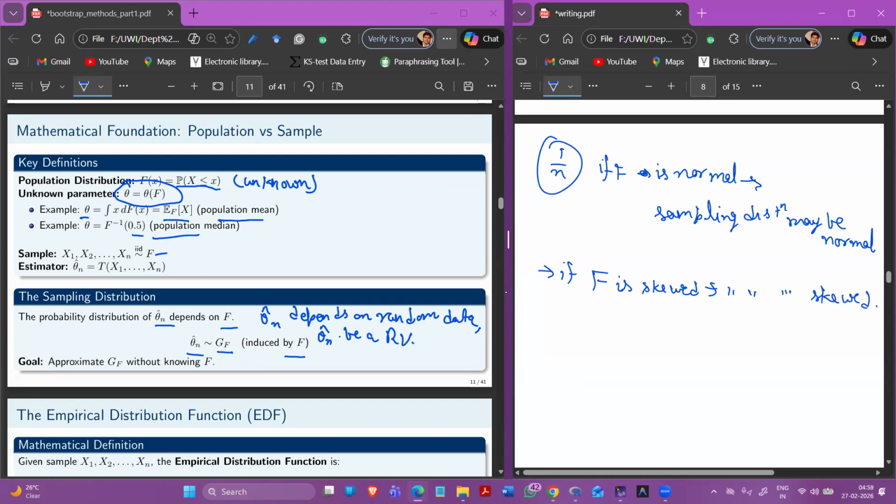Because we are going to approximate the population CDF through the sampling distribution, right? Similarly, if the population CDF is heavy tailed, the sampling distribution may be heavy tailed.